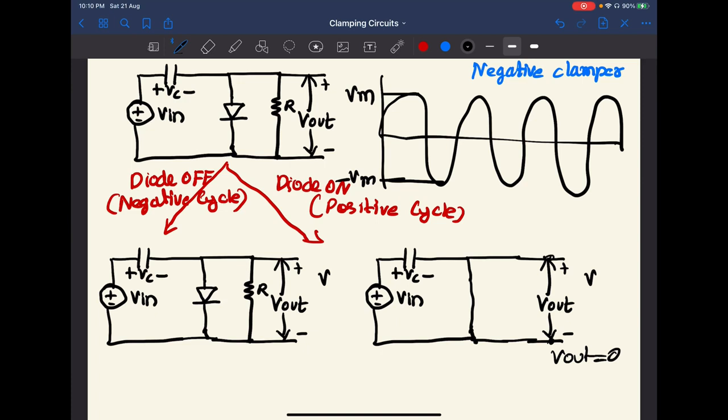During the negative cycle, here in the left case, the diode is off, which means it is open circuited. We can just remove this diode. While applying the KVL, I am applying it in this direction and this direction here.